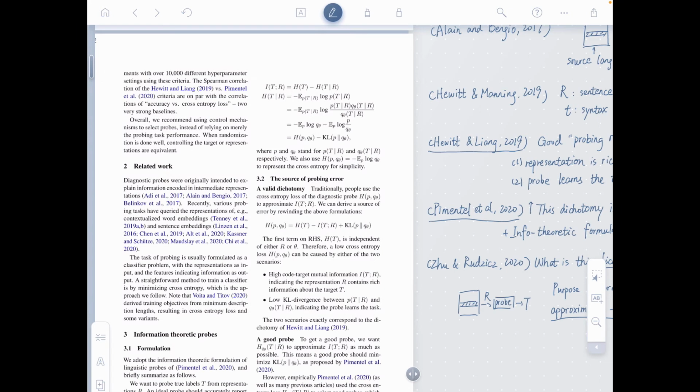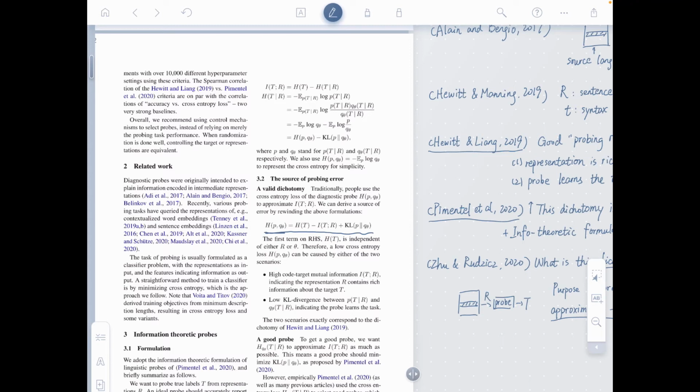Note that this mutual information term can be written on the right-hand side, while the left-hand side is the cross-entropy loss that the probe is measuring. From this equation, we can see that the cross-entropy loss is equal to a constant term minus the mutual information plus a KL term.